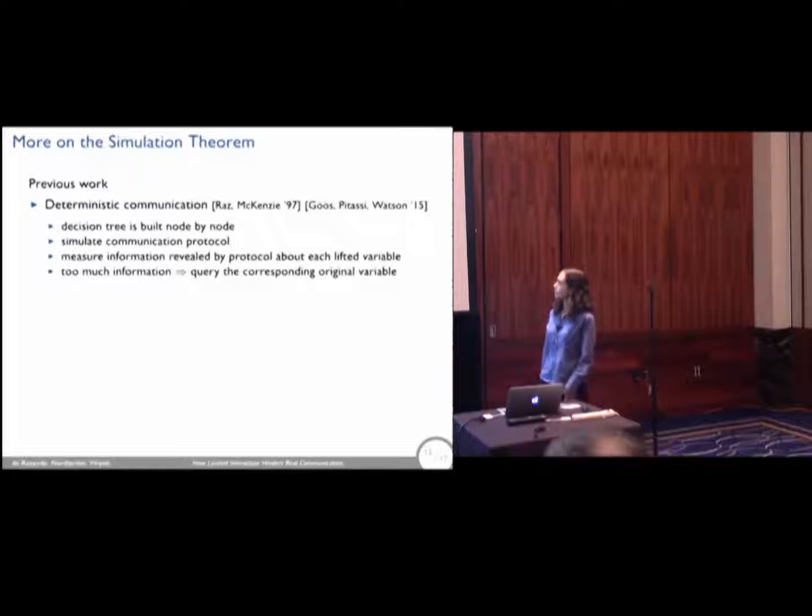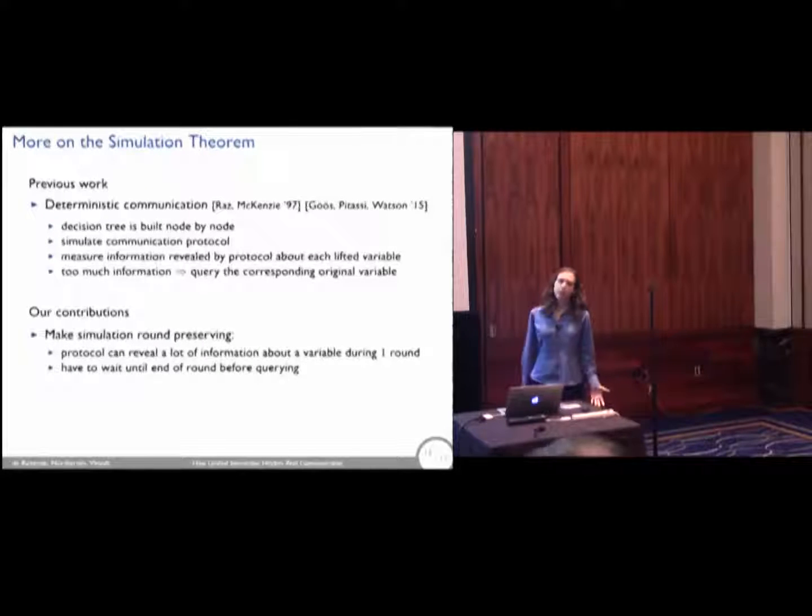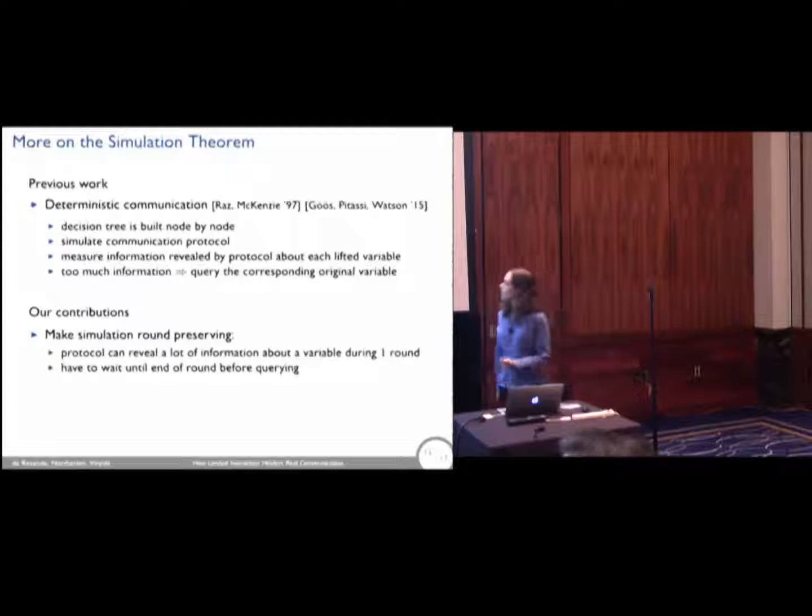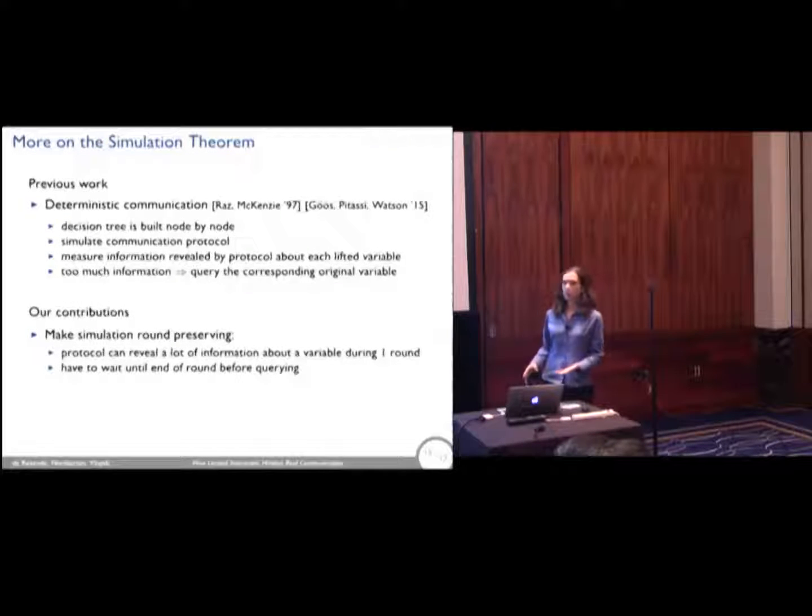So here we made two contributions. One is to make this simulation round preserving. And I'll just mention the challenge we have here is that during one round, the protocol can reveal a lot of information about certain variables. And we cannot query variables as soon as information is high.